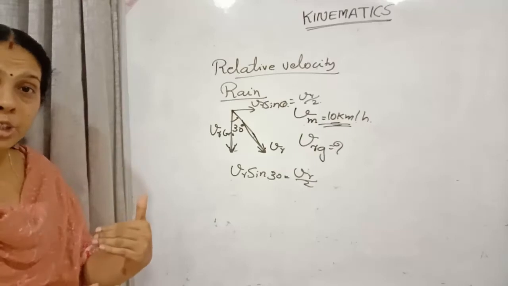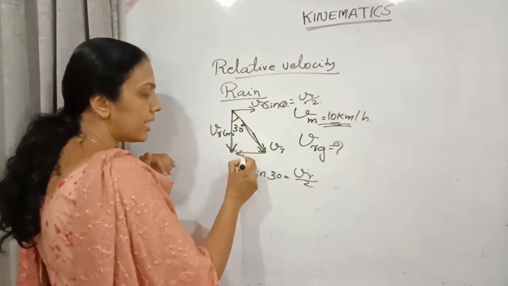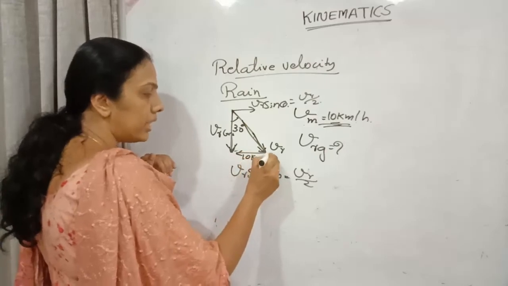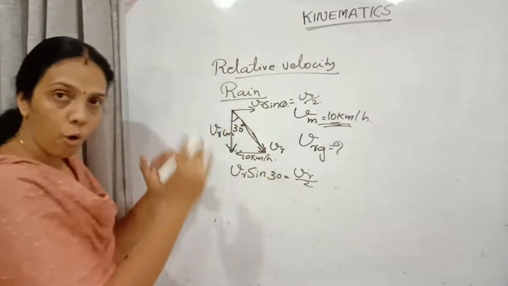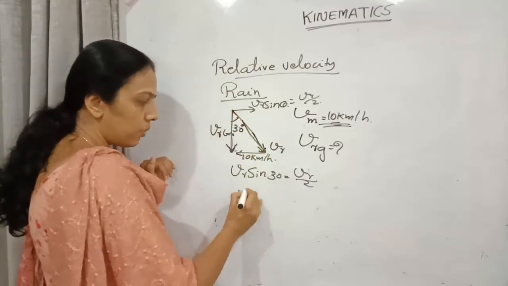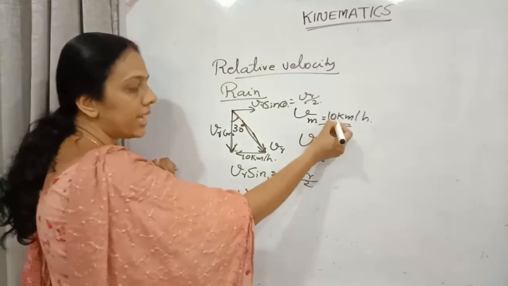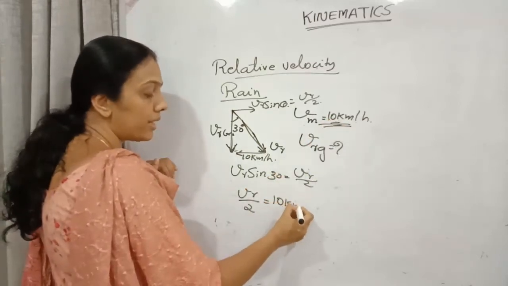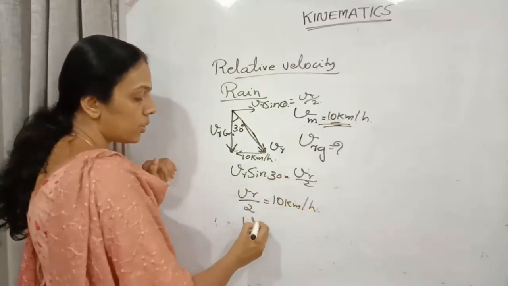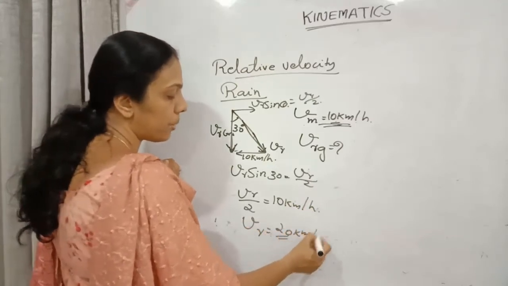So this VR by 2 will be equivalent to the 10 km per hour. That's why it is falling vertically downwards. So therefore velocity will be equal to 20 km per hour.